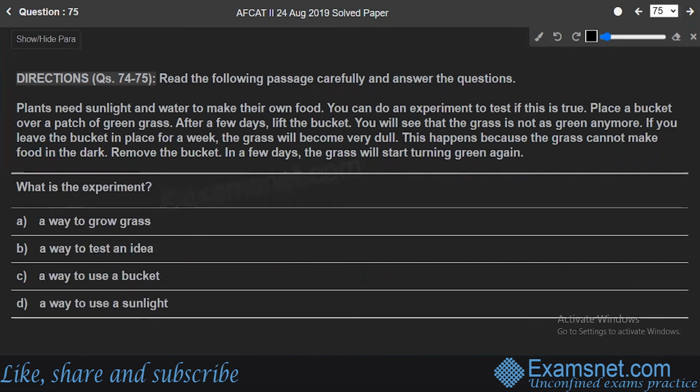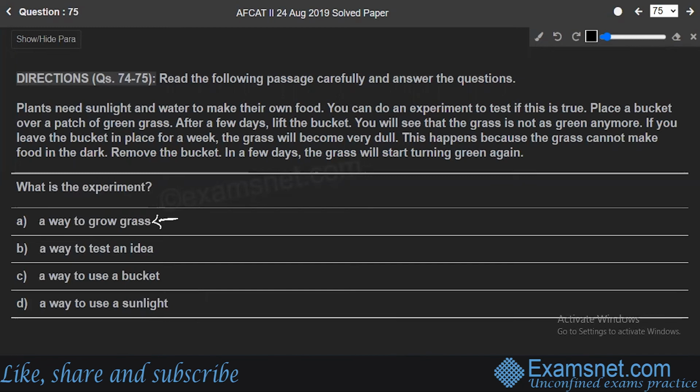Next, question number 75. So what is the experiment? A way to grow grass, a way to test an idea, a way to use a bucket, a way to use sunlight. Let's see. The experiment is not about a way to grow the grass. The grass was not growing over here. He was just testing whether grass can still remain green if the sunlight is absent.